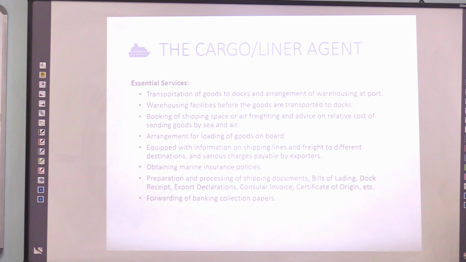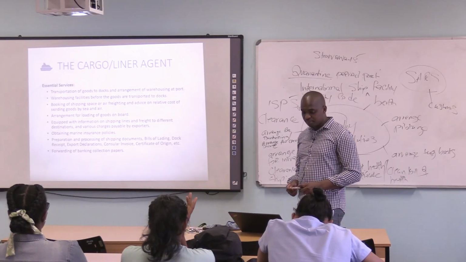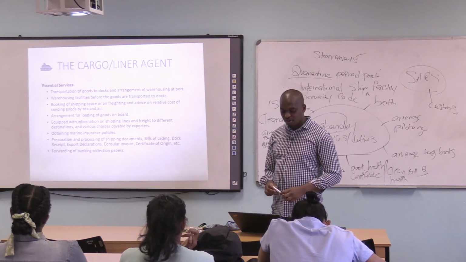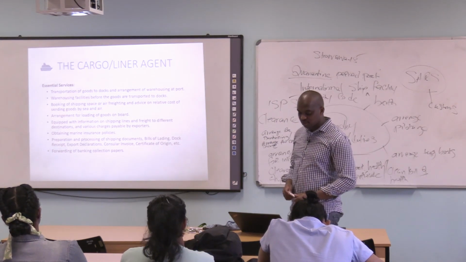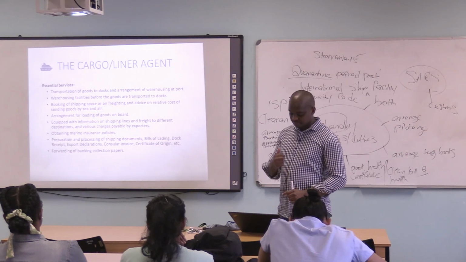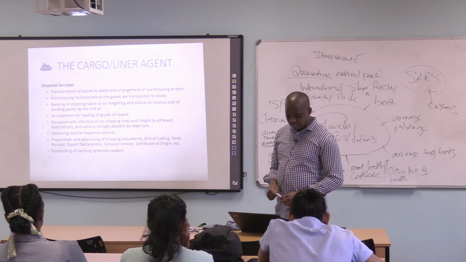Now, the essential services that are performed by the cargo and liner agents are as follows: transportation of goods to docks and arrangement of warehousing at ports, warehousing facilities before the goods are transported to docks, booking of shipping space or air freighting, and advising on relative cost of sending goods by sea and air, arrangement for loading of goods on board, equipped with information on shipping lines and freights to different destinations and various charges payable by exporters, obtaining marine insurance policies, preparation and processing of shipping documents such as bills of lading, dock receipts, export declarations, consular invoice, certificates of origin, etc., and forwarding banking collection papers.